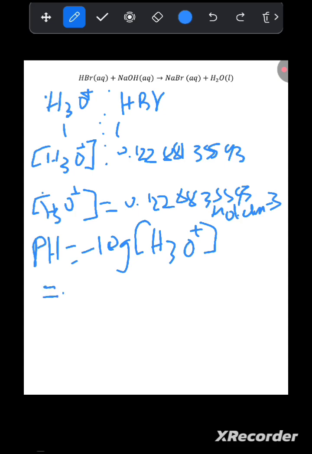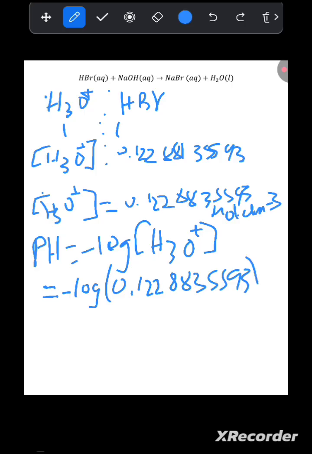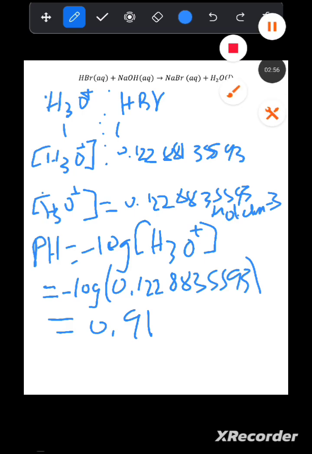And this is equal to negative log, then I substitute the concentration 0.12288 35593, and this will be equal to 0.91, and that is the pH of the solution there.